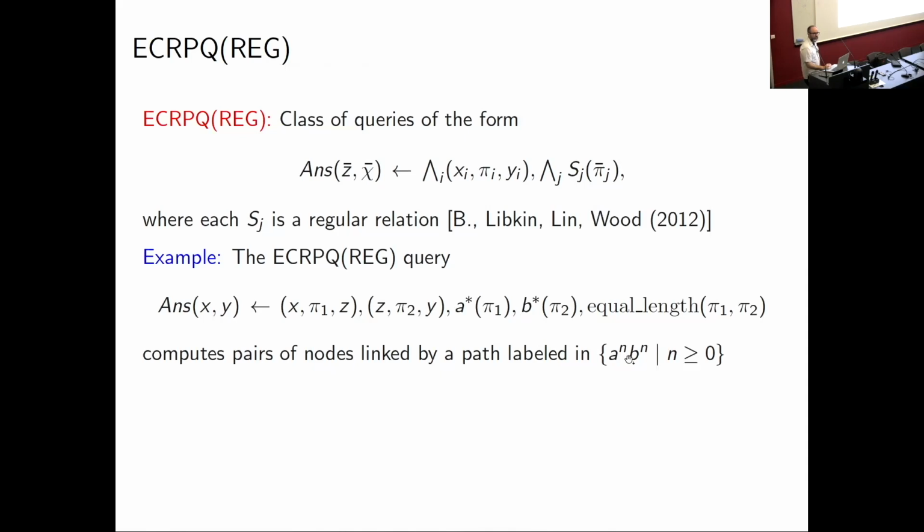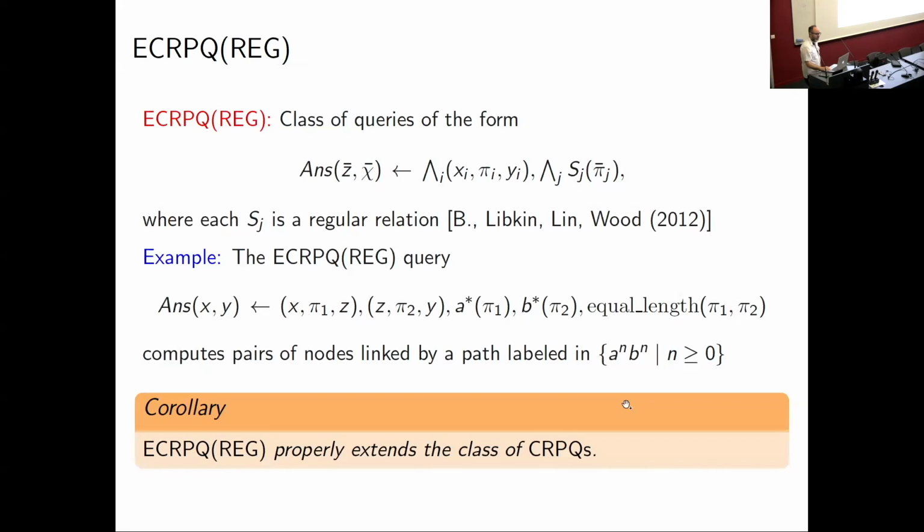So this shows that these ECRPQs very easily move beyond the class of regular path queries and in fact of conjunctive regular path queries, because remember that this language is not regular. So in terms of expressive power, this extends the class of CRPQs even with this simple query.